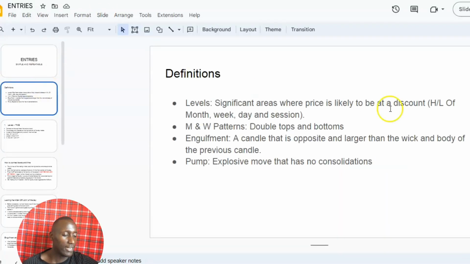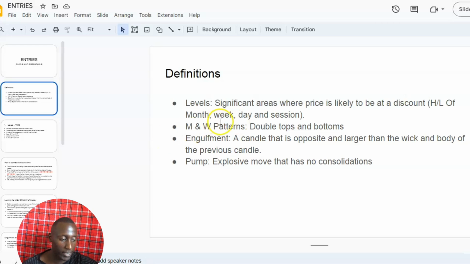So let us look at some definitions so that we can be on the same page. Now, levels. Levels are significant areas where price is likely to be at a discount. So that is the high and the low of the month, the week, the day, and the session.